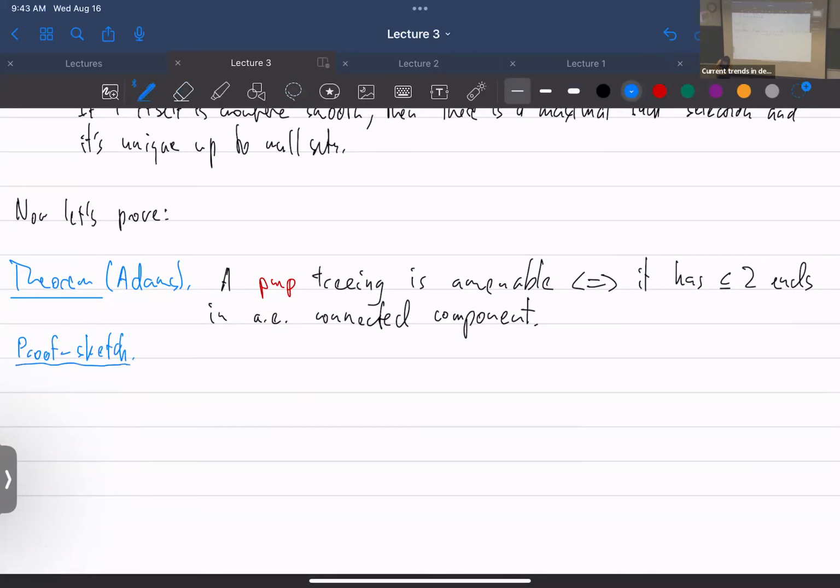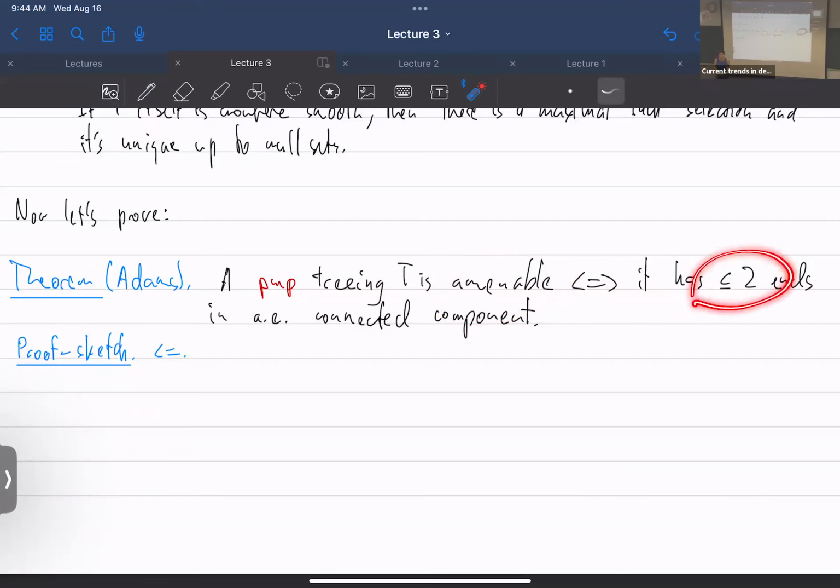Okay, so what are we going to do? First of all, this direction is easy. If the tree T has at most 1 or 2 ends in each component, then guess which ends I will choose. To prove that it's amenable, I only have to show that there is an end selection of 1 or 2 ends.